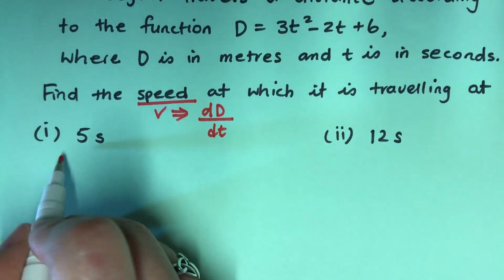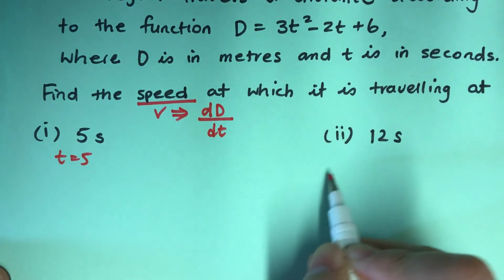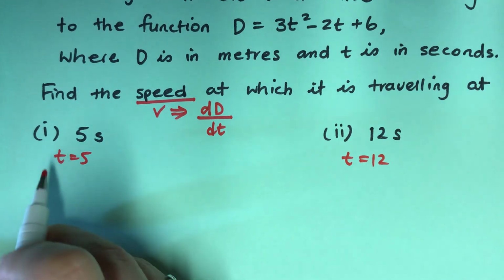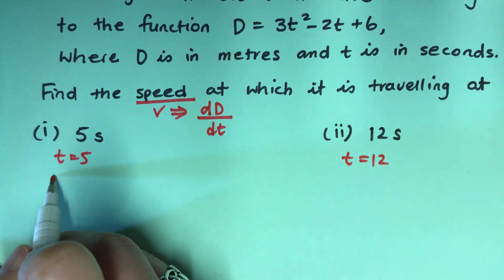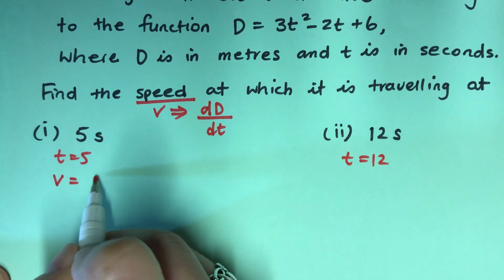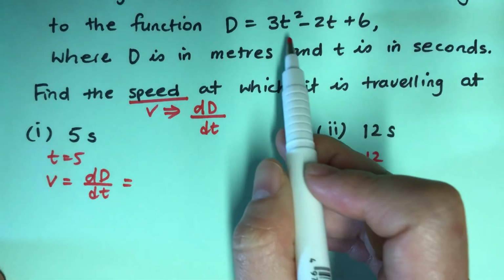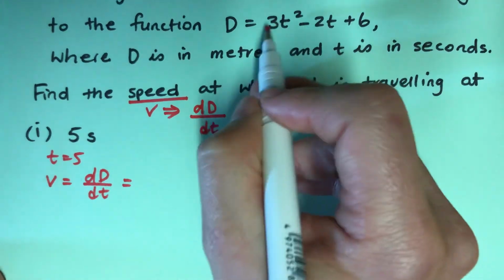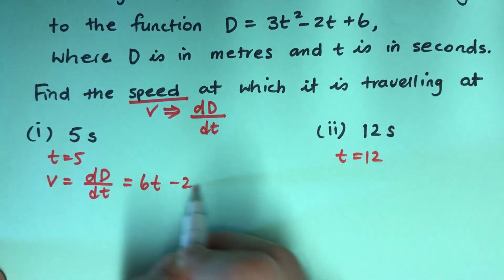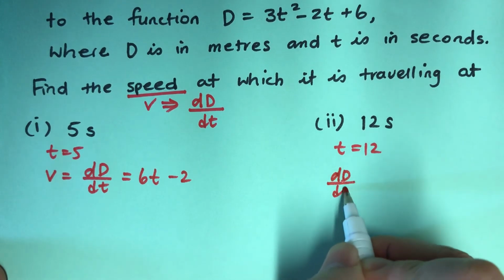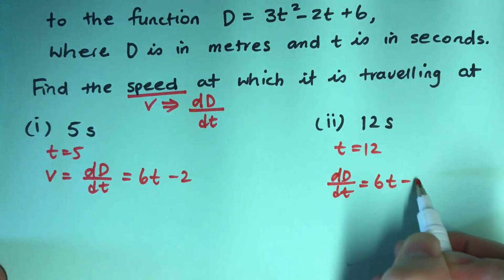So t equals 5 here, t equals 12. So the velocity, the speed is dd over dt. So if I differentiate that, I will get 6t minus 2. Okay, dd over dt equals 6t minus 2.